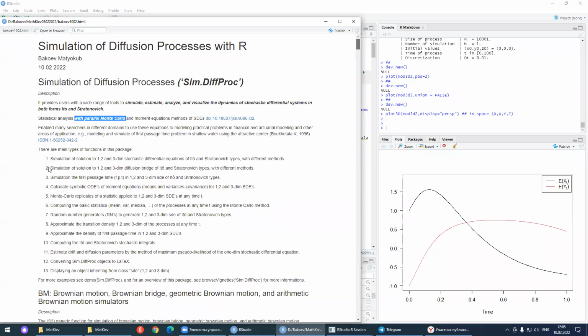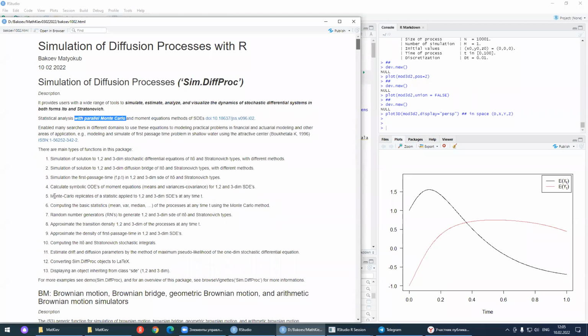The second: simulation of 1, 2, 3 dimension diffusion bridges of Ito and Stratonovich with difference methods. Simulation of the first passage time in 1, 2, 3 dimensions, or calculating symbolic ordinary differential equations of the moment equations: mean, variance, covariance, etc.